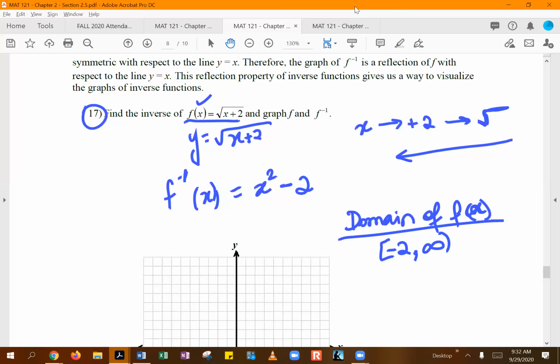Which also tells us, since -2 is going to be the smallest value for the x, that for our y value, of course, the smallest number will be 0, because you will be going from 0 to infinity.